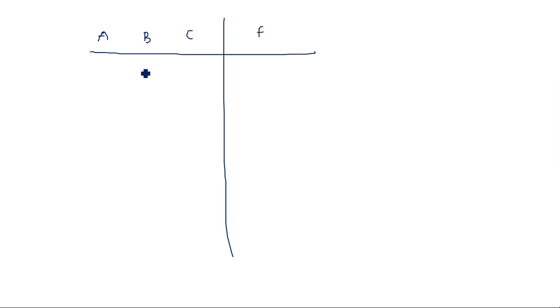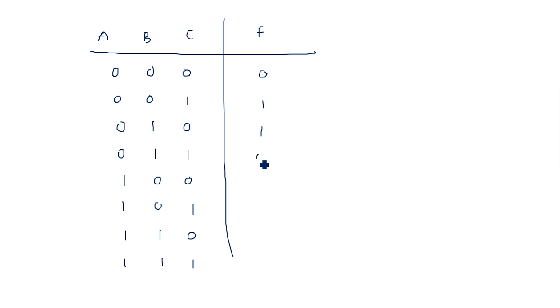Let us draw the truth table: 000, 001, 010, 011, 100, 101, 110, 111. We know the XOR operation between three variables, so the output f is 0, 1, 1, 0, 1, 0, 0, 1.